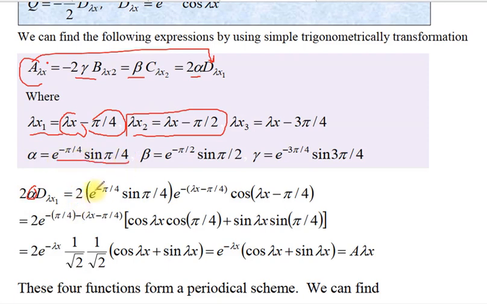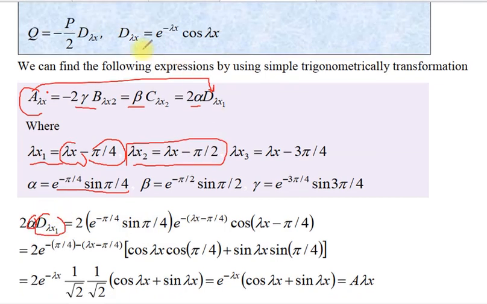We get 2 times e to the minus pi over 4 sine pi over 4, e to the minus instead of D, since D lambda x equal e to the minus lambda x cosine lambda x, but here lambda x is lambda x1. Lambda x1 equal to lambda x minus pi over 4.